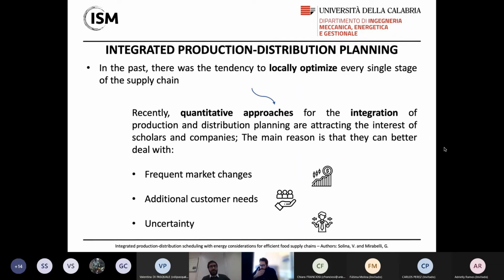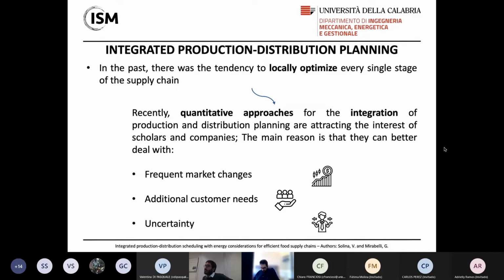But recently, we read some literature reviews about this topic, and we can say that there is a new trend. New quantitative approaches are proposed to create an integrated plan about production activities and distribution activities.